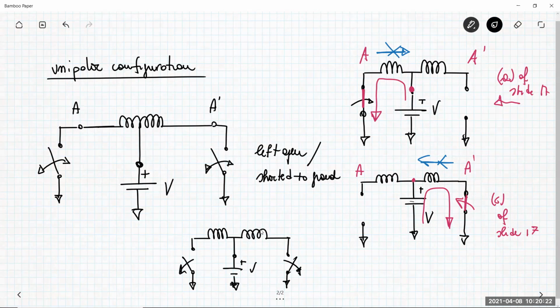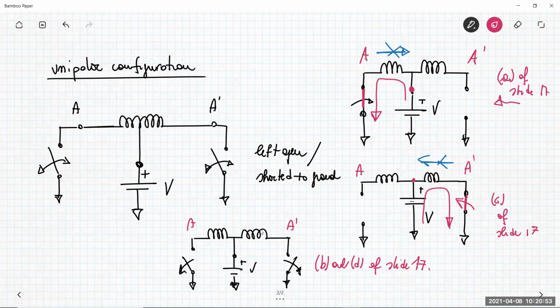In this case, both terminals A and A prime are left open, no current flows in phase A, and so this is the case in which phase A is not energized. So for example, this happens in parts B and D of the figure you can find in slide 17. So when you energize another phase, for example phase B, you have no current flowing here. So there are 3 different possibilities that can be employed here.